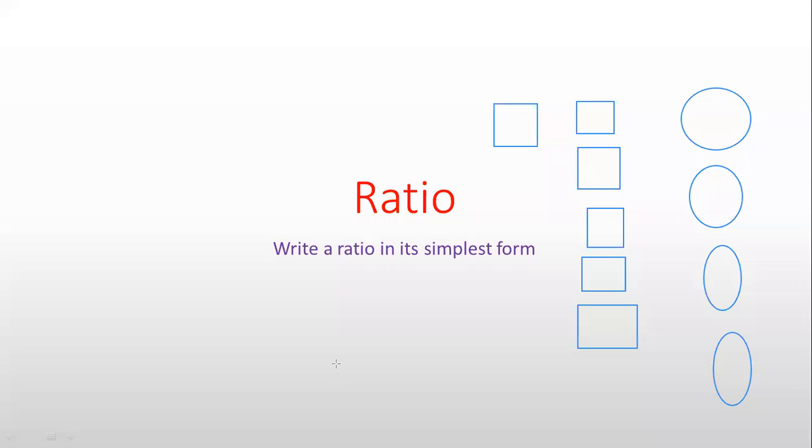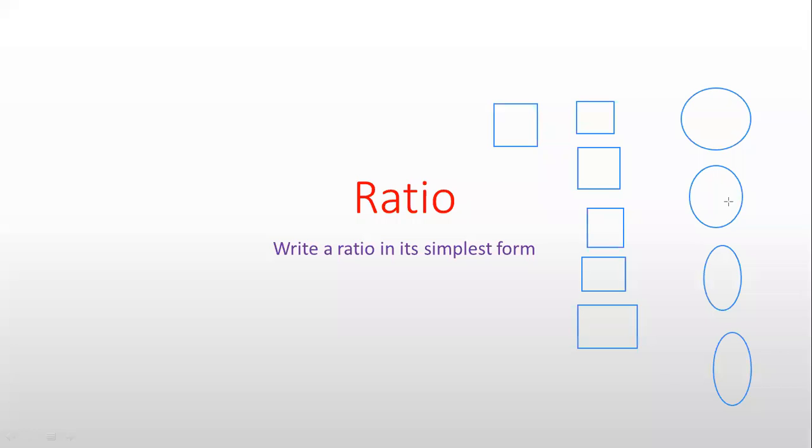Okay, the mic is with you, Abdullah. The ratio from circle to square is 4 to 6. Yes, 1, 2, 3, 4. So it will be 4 to 6, because I started with circles first. So you have to write the number of circles first. Excellent, Abdullah. Thank you.